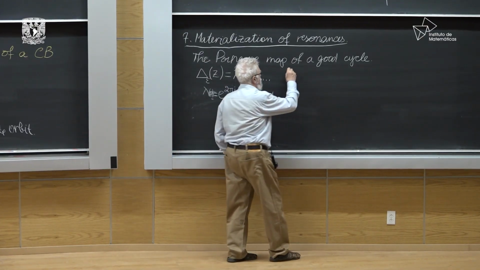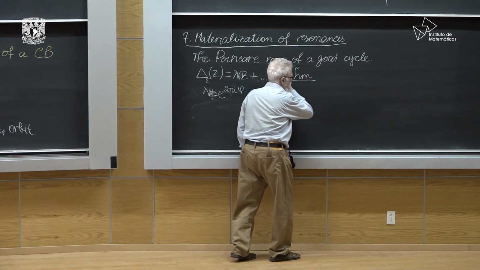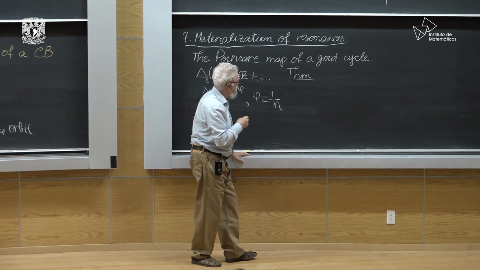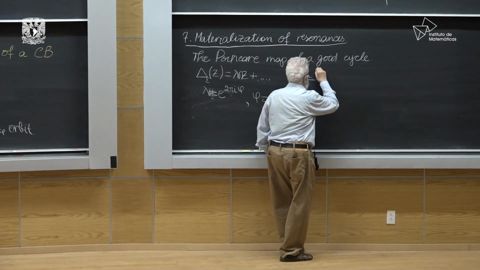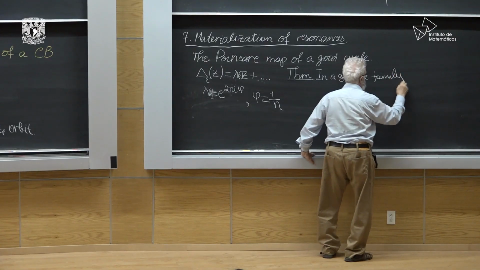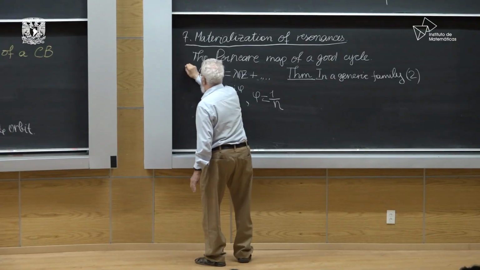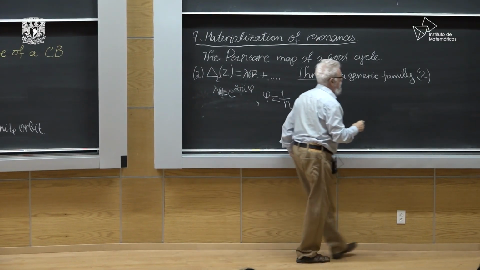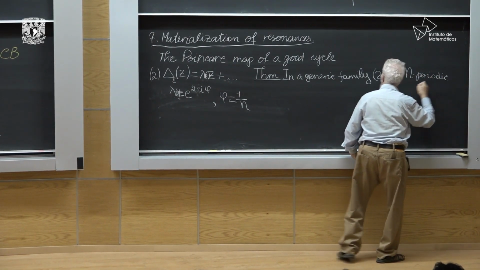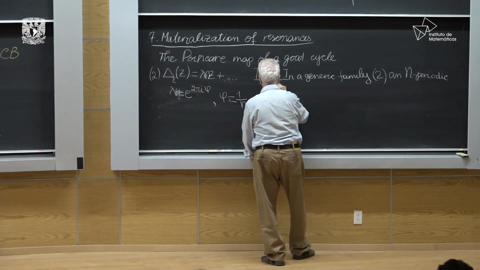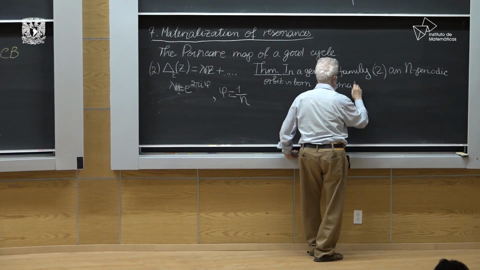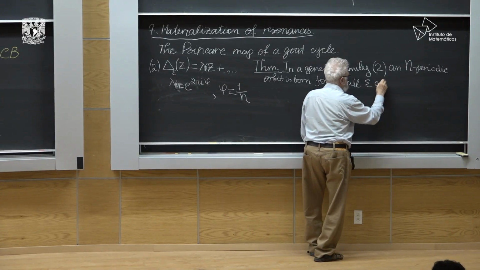But the theorem proved by a student of Arnold named Pyartli, and I think that Fatou knew this theorem, says that in a generic family of the maps, this is my family 2, an n-periodic orbit is born for small epsilon close to 0.